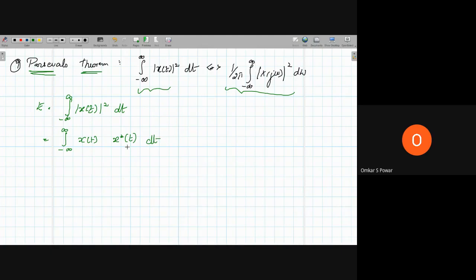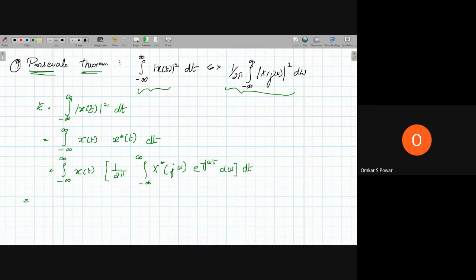So now let me write the expression for x conjugate of t. I can write this one as integral from minus infinity to infinity x of t. What is the inverse Fourier transform? 1 by 2 pi integral from minus infinity to infinity X of j omega e power minus j omega t into d omega, so X star of j omega into e power minus j omega t into d omega into dt.